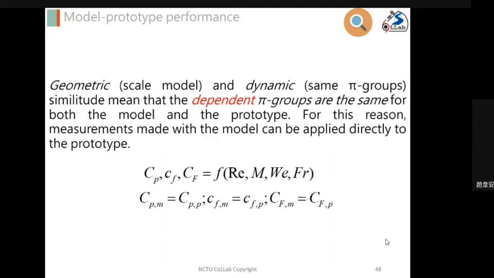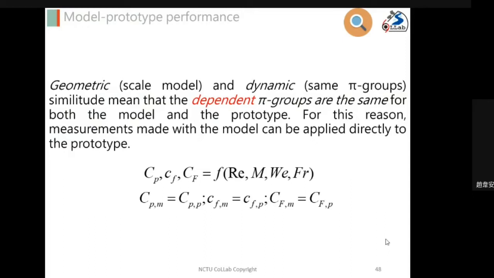Okay, so this slide just summarizes the ideas. Actually, the geometric and dynamic similitude mean that the dependent pi groups are the same for both the model and the prototype.